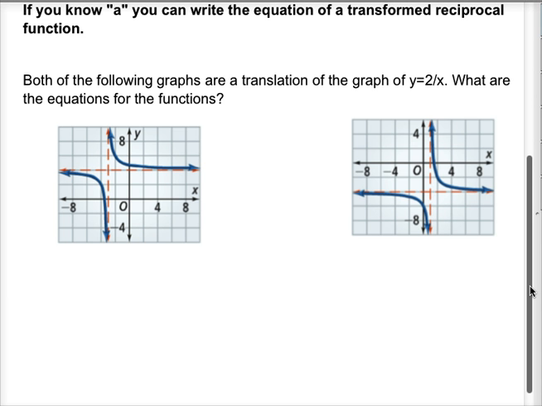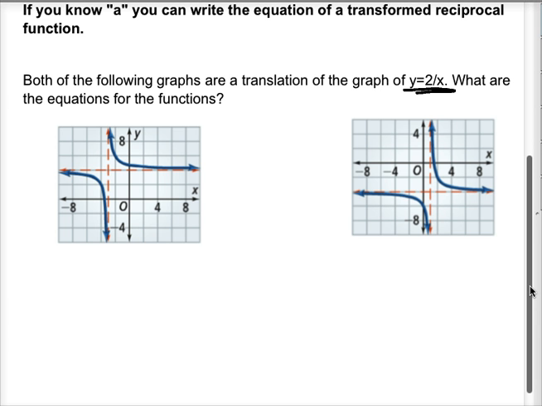So both of these are based on that parent function of 2 divided by x. So I know that that stretch is 2. Now, let's take a look here. So it looks like in each of these, notice the scale, every one of these is counting by 2.